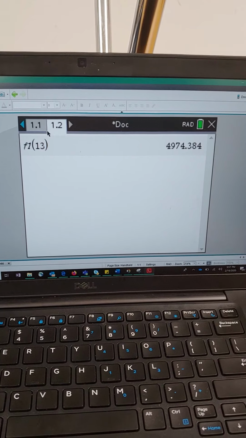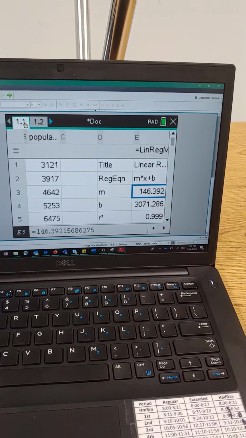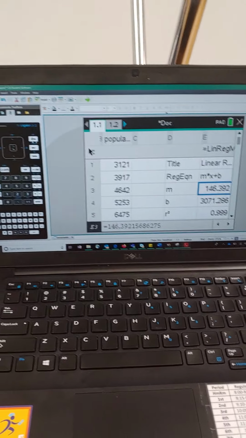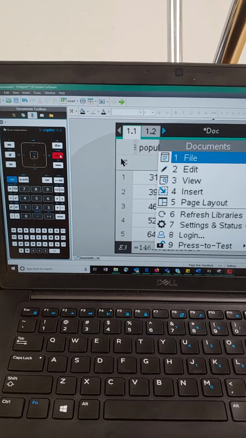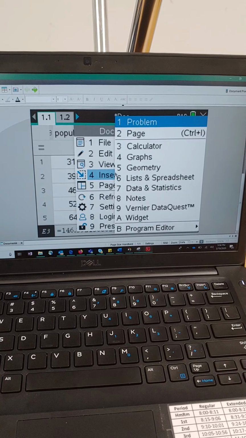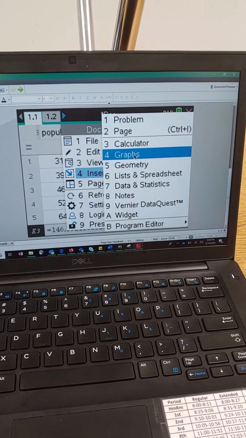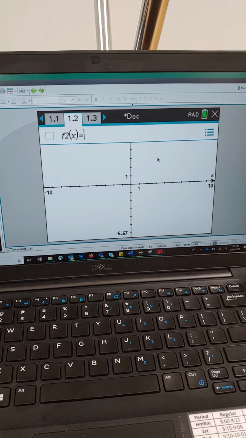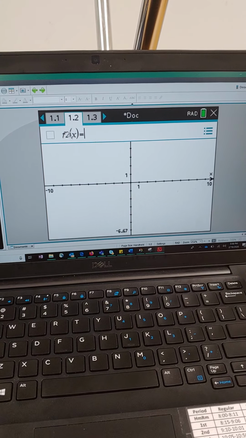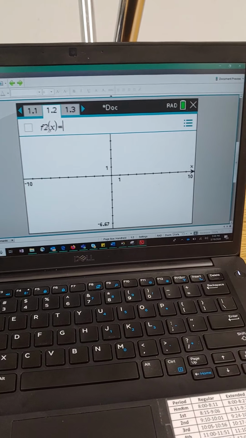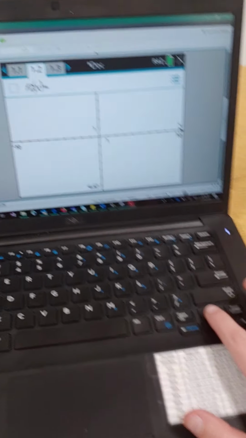If you did not want to do it that way, I want to show you one other quick trick. From here, you can also do it differently. You can go to Doc, and we can insert a graph. If you go to Insert Graphs, see how it says F2 to start? Usually it starts with F1. Well, to go back up to F1, let's just push the up arrow on your calculator.